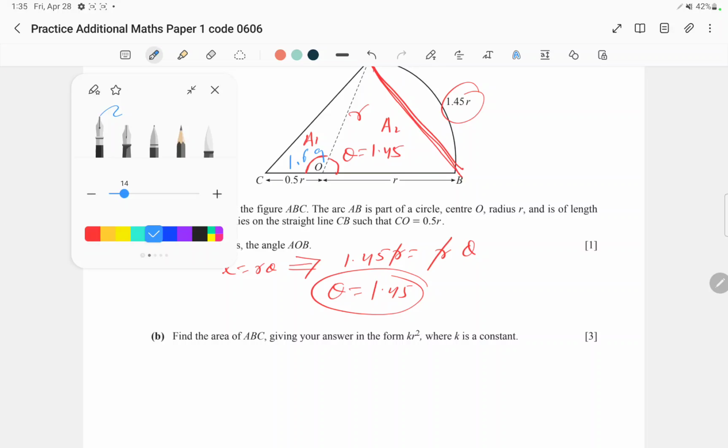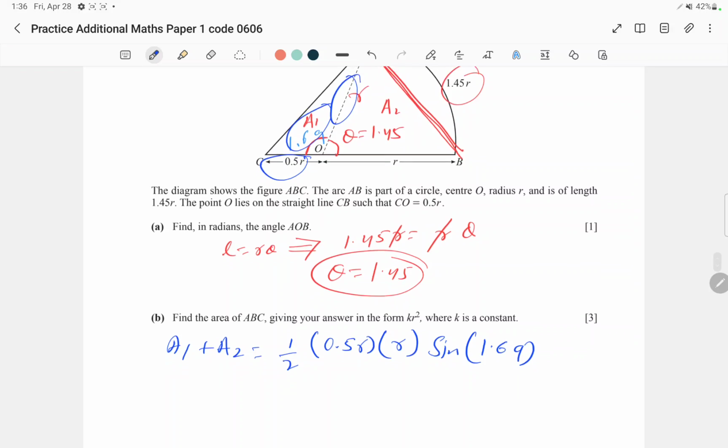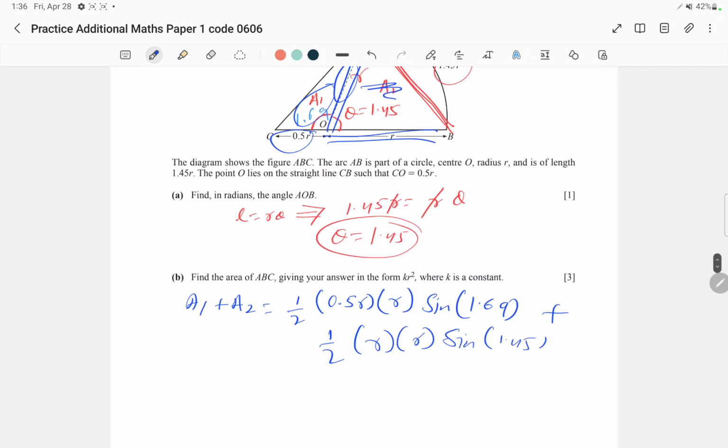Okay, great. Now the area of the triangle I need to get. So A1 plus A2 we need to find. Area of this triangle will be 1 over 2 times 0.5r times sine of 1.69, because the area of a triangle is half AB sine theta. So this is your A, this is your B. Now plus the area of this triangle, the larger one, which is half times this length r, this length also r, and sine of 1.45, right?